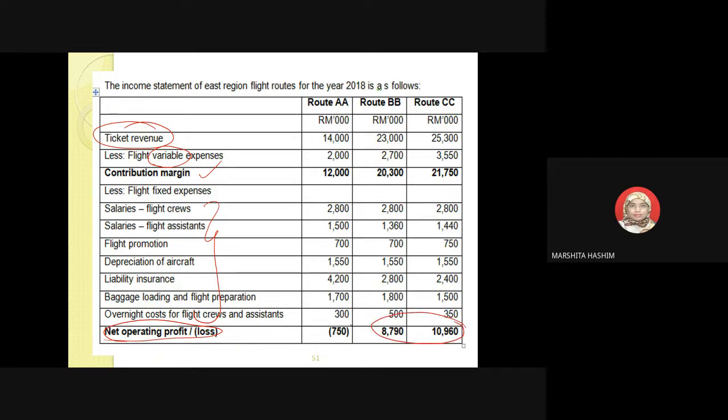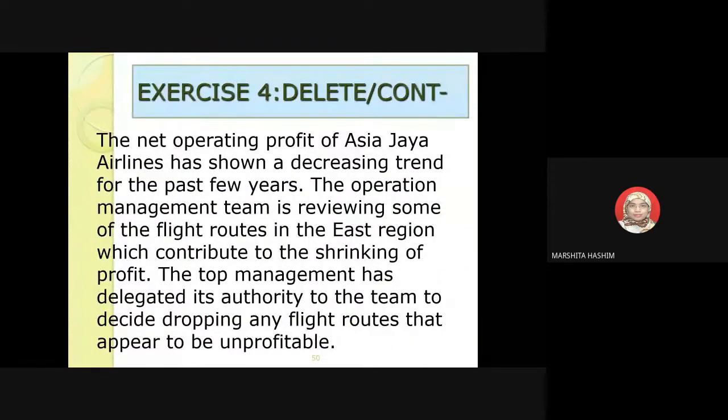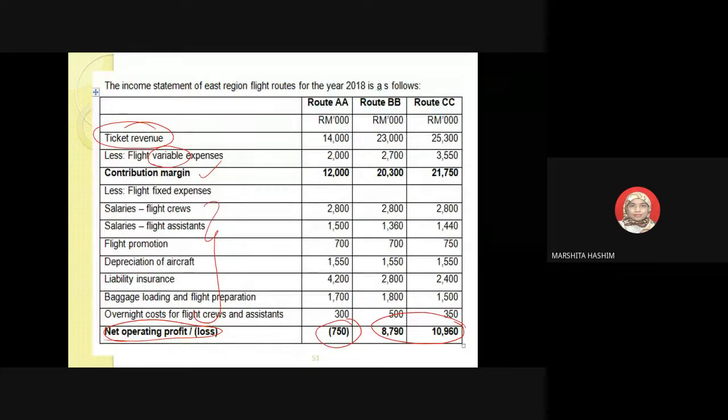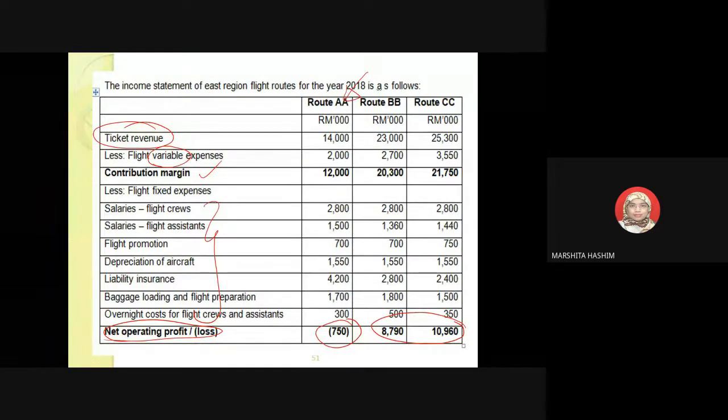However, double A, you suffer a loss of 750,000. Remember just now, they want to drop or stop operations for unprofitable destinations. That means maybe they want to stop route double A because it is unprofitable.